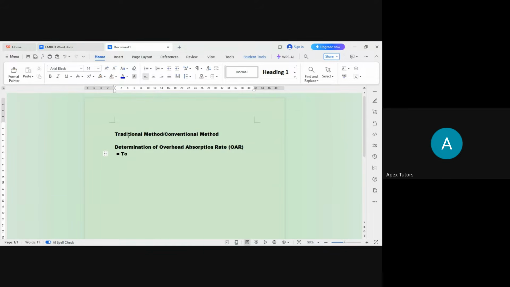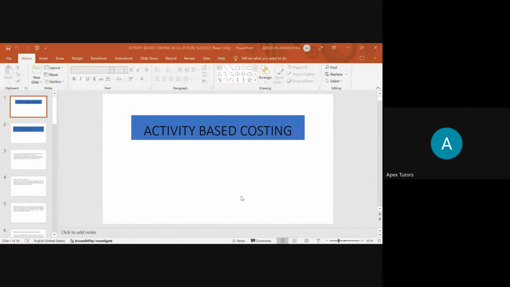Total overhead divided by total labor hours, or budgeted level of activity, depending. Total labor hours. Take note of this, please.